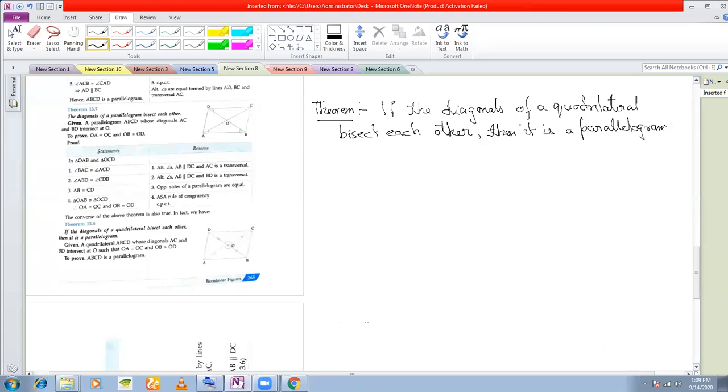So let us consider any quadrilateral ABCD. I don't know whether this is a parallelogram or not.